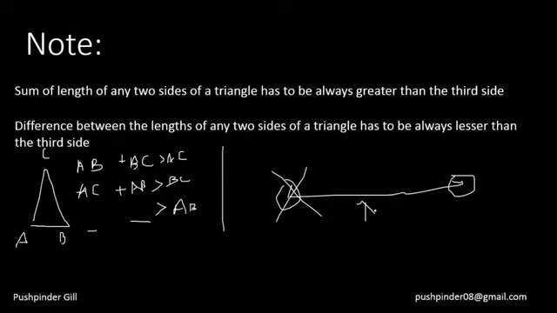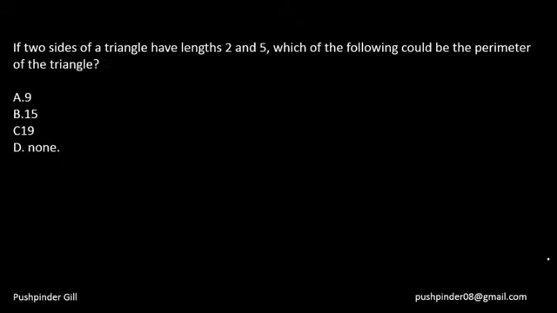So whenever you get a question, how many possible triangles can I make out of them, you better make sure that you use this property, that the sum of two sides is always greater than the third side. Similarly, if you pick up this question, which is taken from the GMAT prep, it says that if two sides of the triangle have lengths 2 and 5, which of the following could be the perimeter of the triangle?